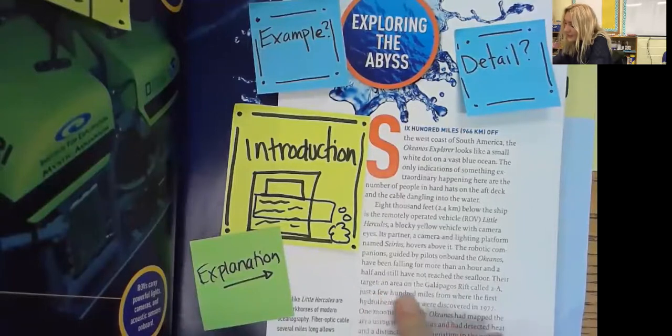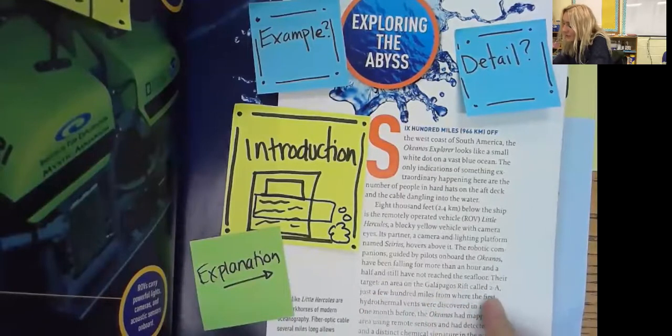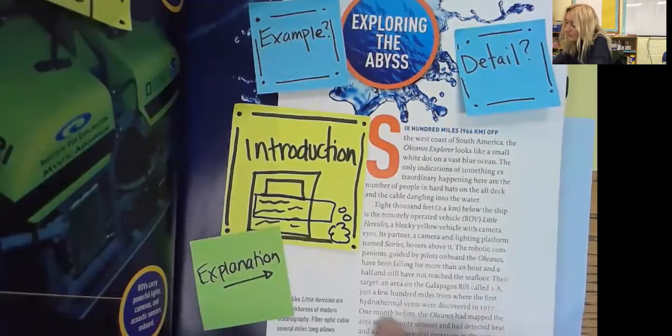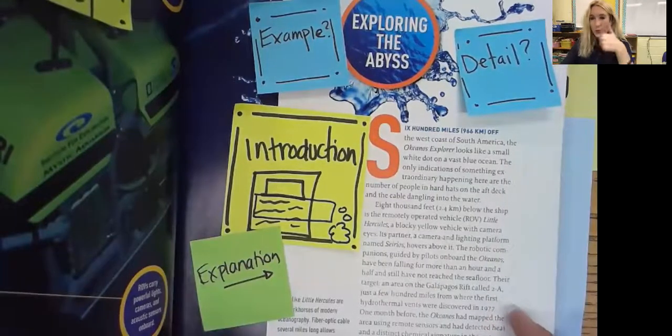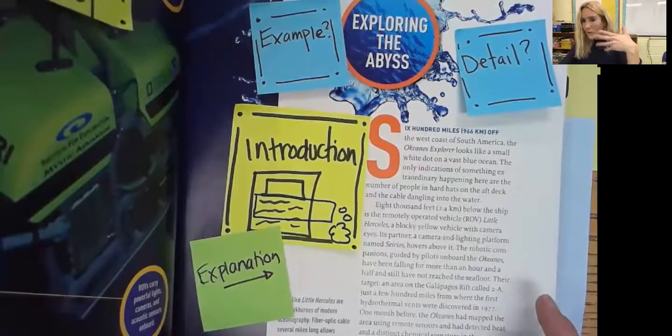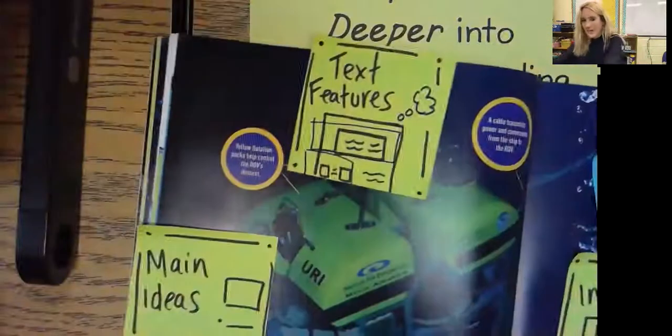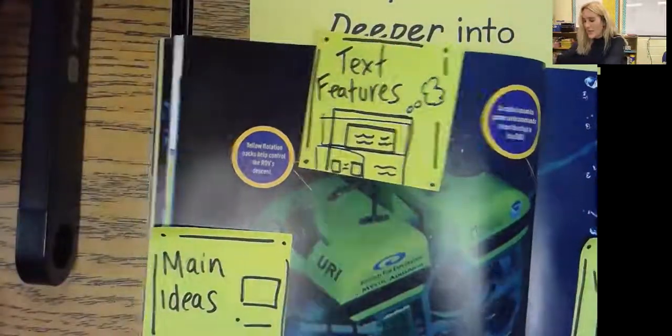Their target, an area on the Galapagos Rift called 2A, just 100 miles from where the first hydrothermal vents were discovered in 1977. Okay, a lot of information. So let me just check back in. You can use the who and the what to make sure that things are making sense. Still people on a ship using this cool technology, an ROV, to see way down in the water.